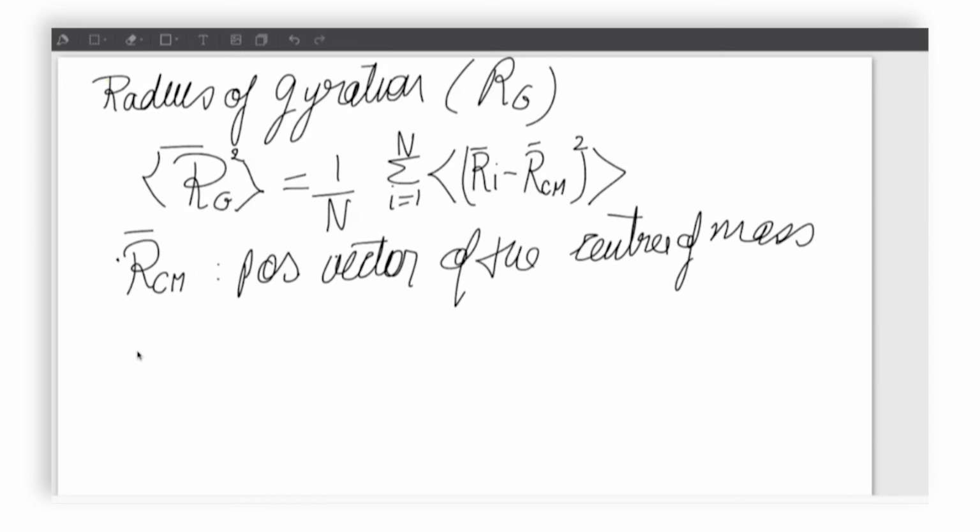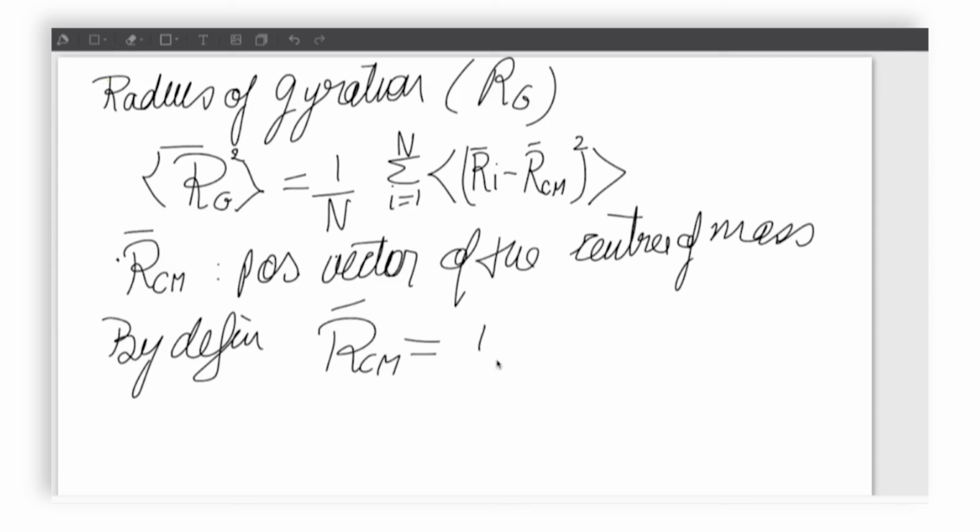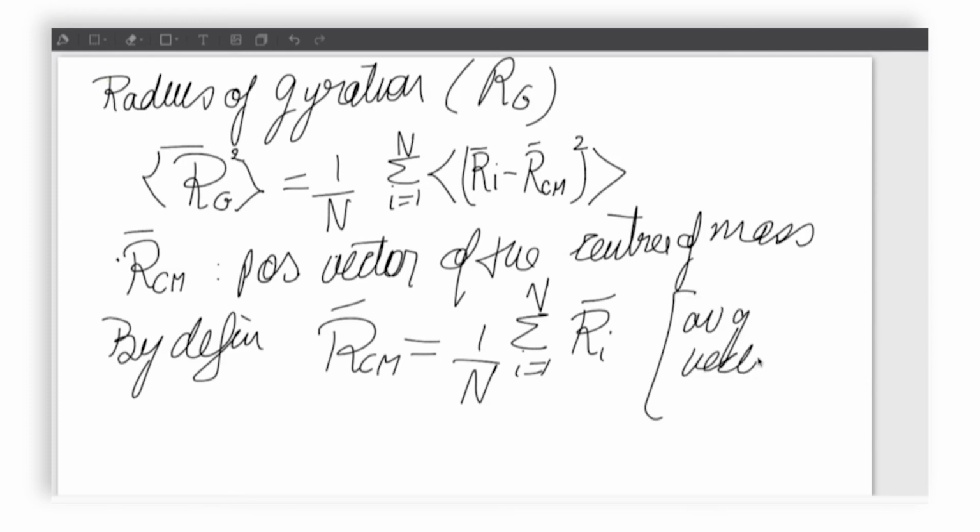By definition, the vector Rcm is equal to 1 upon n, summation i equals 1 up to n, of all positions of all elements of the system. In other words, it is nothing but the average vector. So you are finding the squared deviation of the average vector from every atom and averaging it, right?